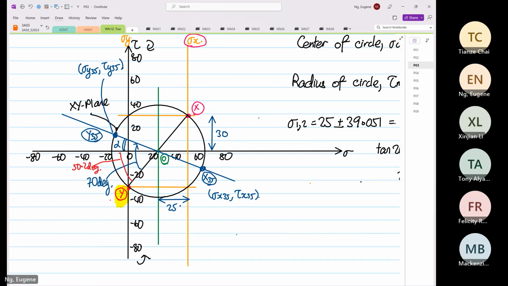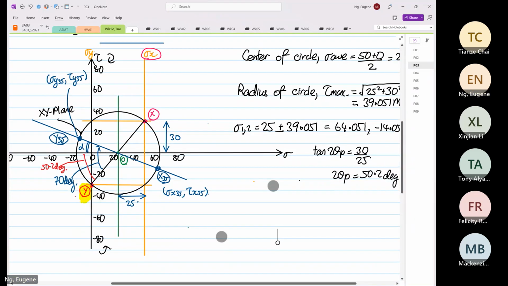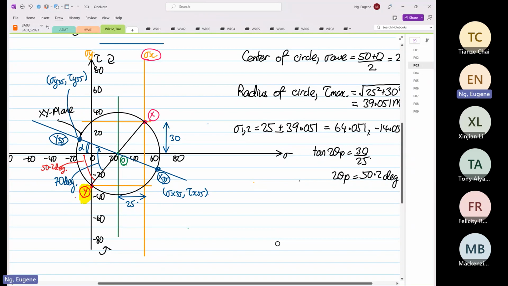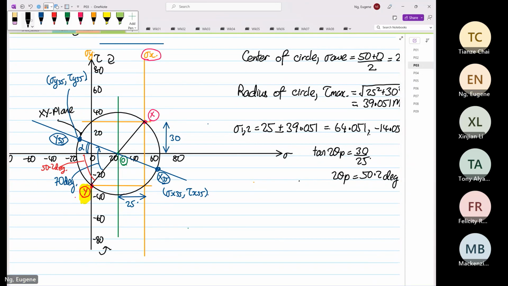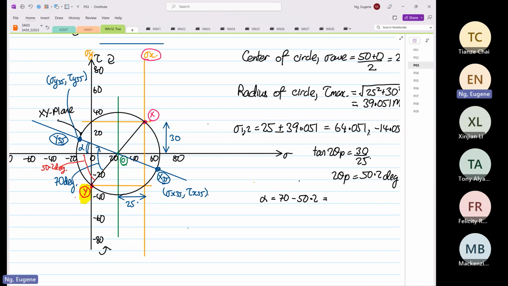Okay. So now we want to find alpha. So alpha is equal to 70 minus 50.2, which is 19.8 degrees.